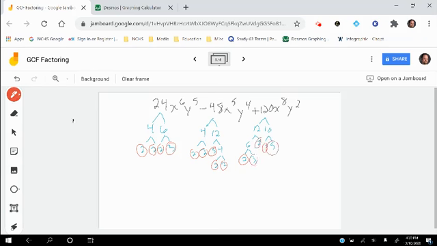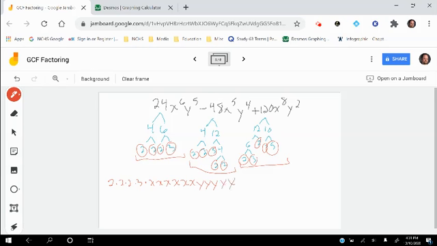So now the factor tree method says, okay, let's write these prime numbers, and let me stick with red. I'm going to write each term separately as prime factorization. That means as a multiply. So for this one, I have 2 times 2 times 2 times 3 times 6 x's and 5 y's.